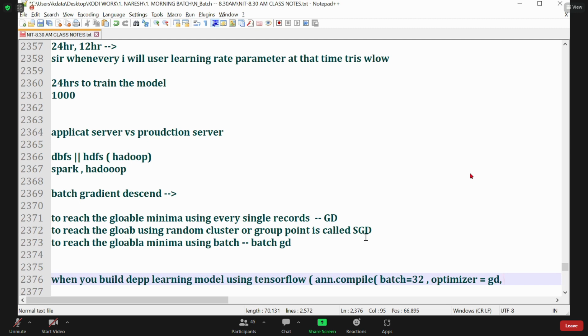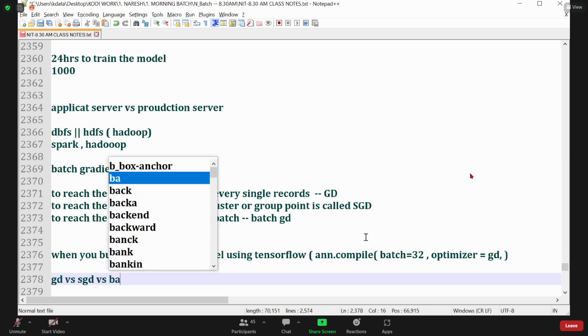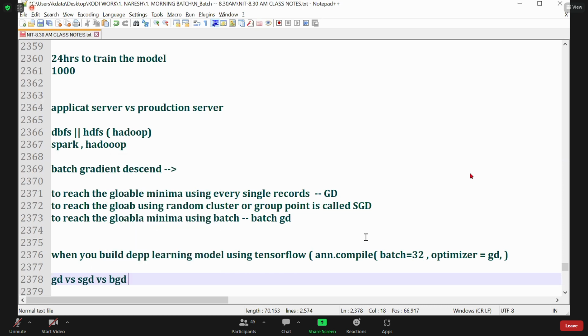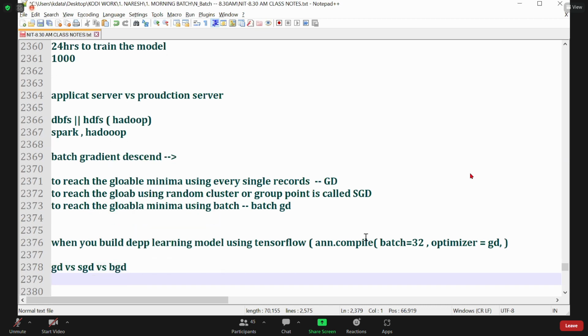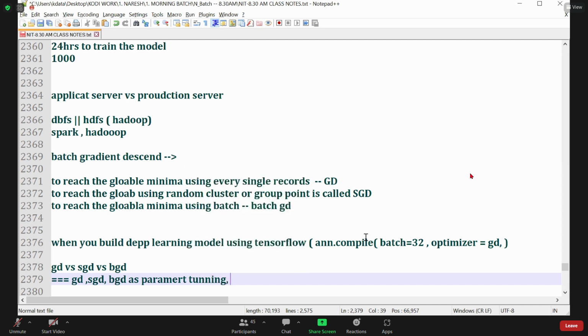I hope everybody understands. And I think I've pretty well explained this one, GD versus SGD versus BGD. Clear or not? In an interview, if anybody asks, I'm sure you can speak on any concepts from it, guys. And there's no practical. We use GD, SGD, BGD as hyperparameter tuning. What is hyperparameter tuning?